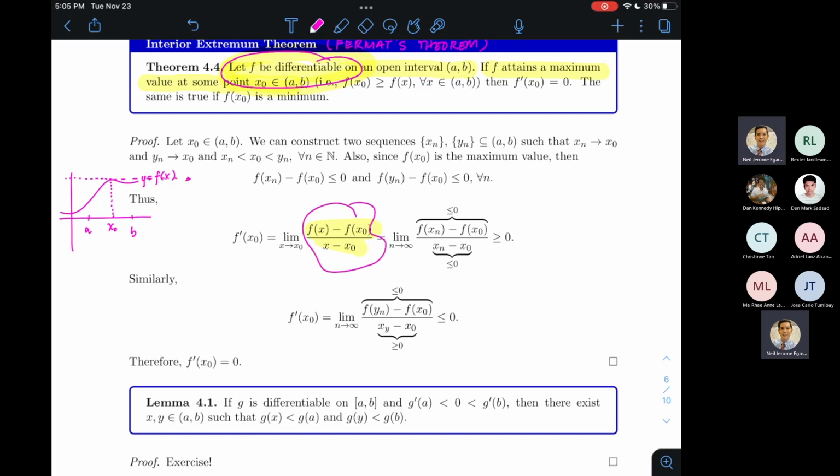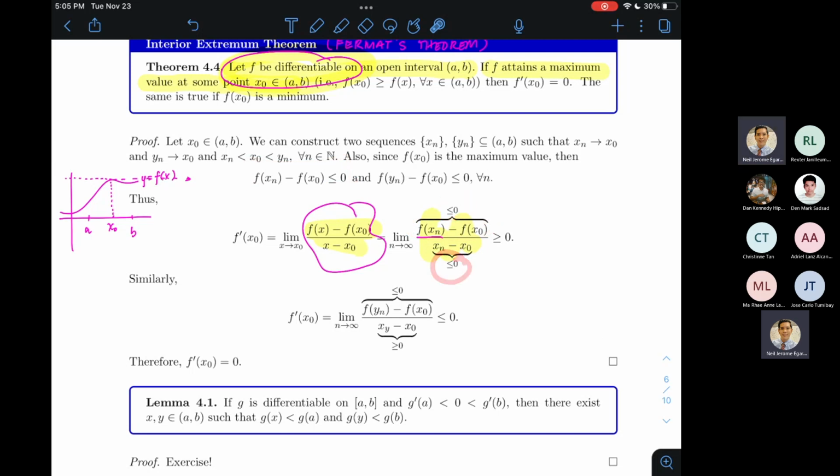Alam ko kasi itong limit na to ay nag-exist, all right? Dahil nag-exist yung limit na yan, yung limit ng sequence, yung limit nung bagong sequence na kino-consider natin dito, the numerator being the difference between function values, all right? So alam ko ito ay negative from here, all right? So this is less than or equal to 0.